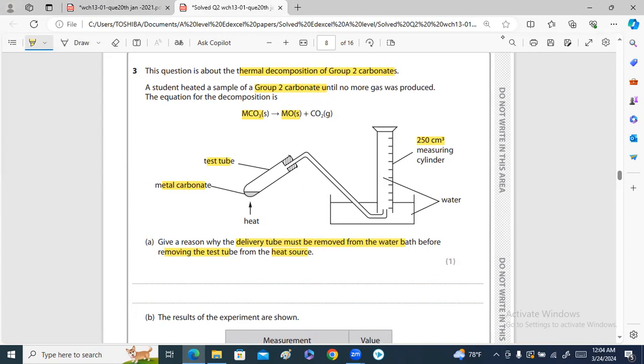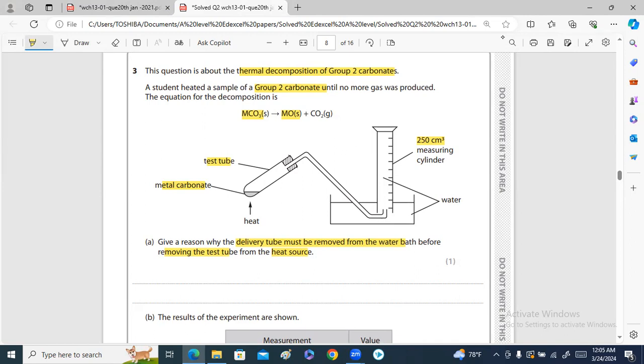There's a test tube, then a delivery tube, then there is a measuring cylinder having 250 centimeter cube of volume, then the water trough. Give a reason why the delivery tube must be removed from the water bath before removing the test tube from the heat source. So this test tube is heated and the metal carbonate decomposes to give metal oxide and carbon dioxide, which passes through this delivery tube and can be collected in the measuring cylinder.